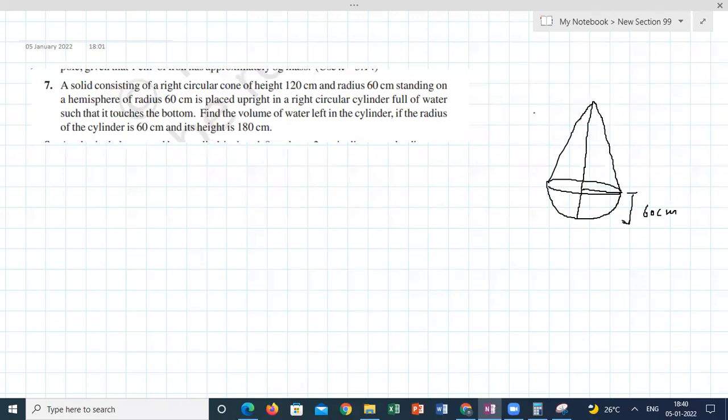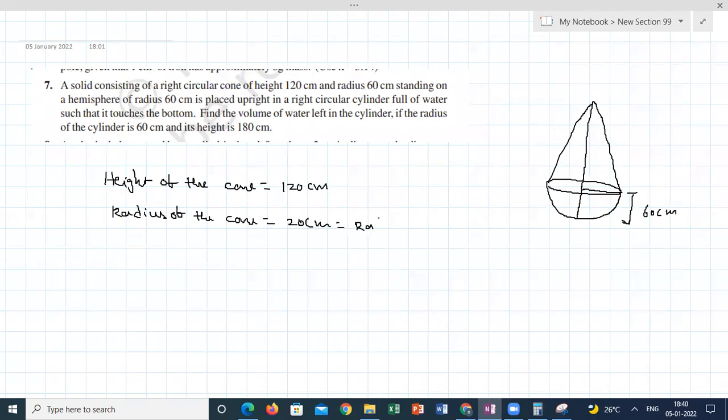And height of the cone is 120 centimeter.